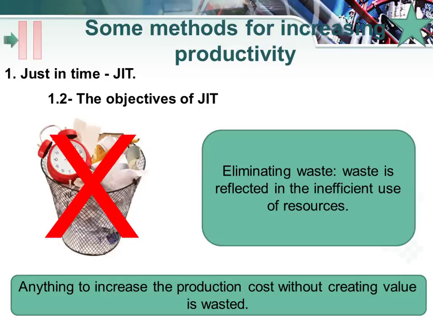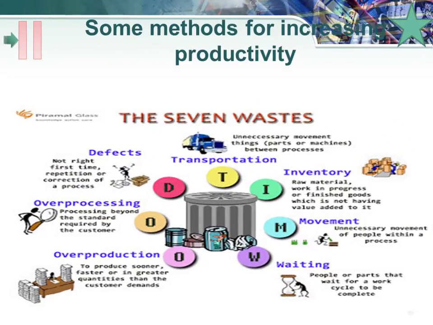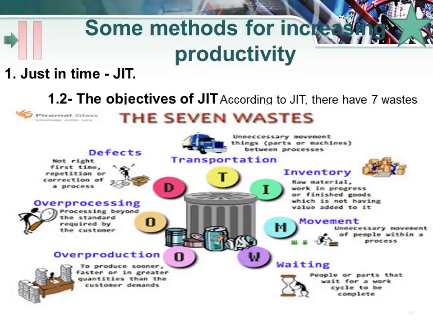Anything that increases the production cost without creating value is waste. Now in the figure below is an example of the 7 wastes. First, transportation, inventory, movement, waiting, overproduction, over-resourcing, and defects.